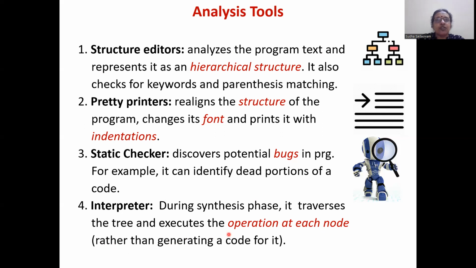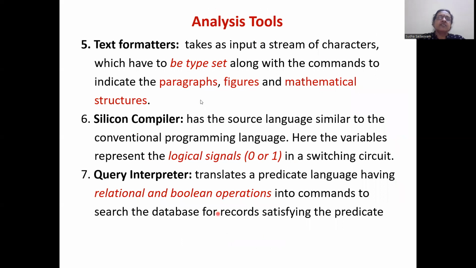So we call line by line compilation as interpretation. Then the next type of analysis tool is the text formatter. This is also used to format the code by setting the paragraphs, figures, and mathematical formulas in a particular format.